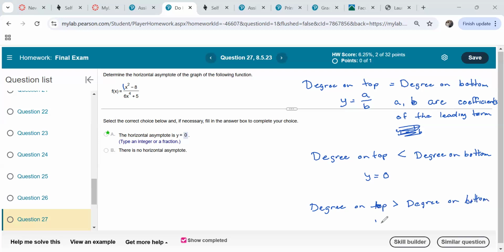And here we have no horizontal asymptote. In this case, the degree is referring to that leading term. So we have that our top is a smaller degree than the bottom. That means I have a horizontal asymptote, but it has to be 0.